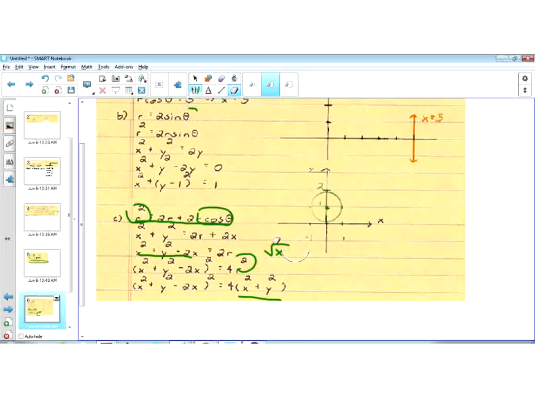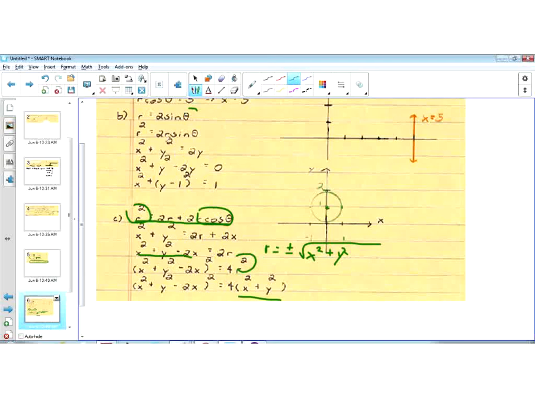The reason why we don't use the radical is because we won't get an equation. In other words, we can't just simply replace r with the square root of x squared plus y squared. That won't work.